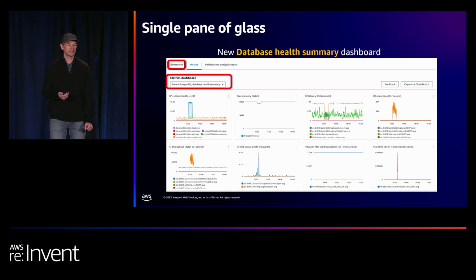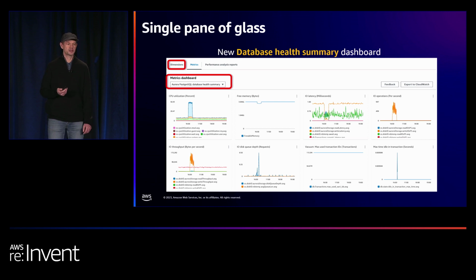So to help with that, we've worked with a number of experienced database engineers at Amazon and AWS, and we've crafted a curated subset of metrics, which are the most illuminating to describe database performance.